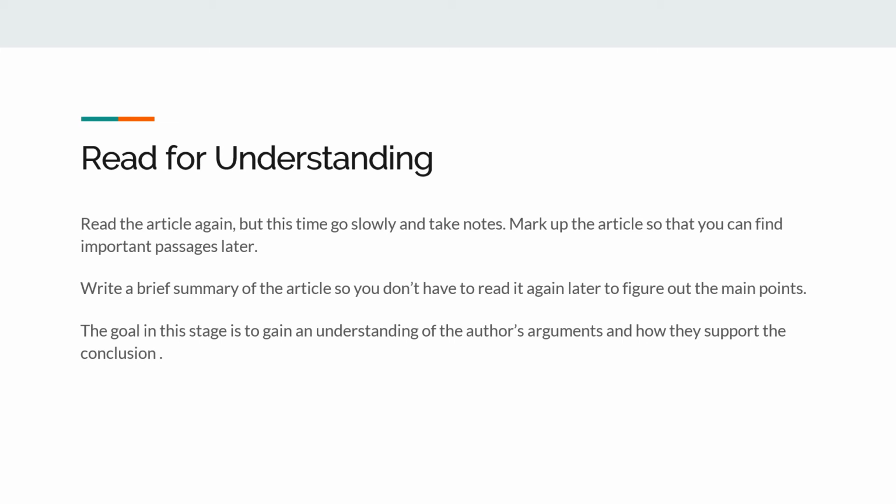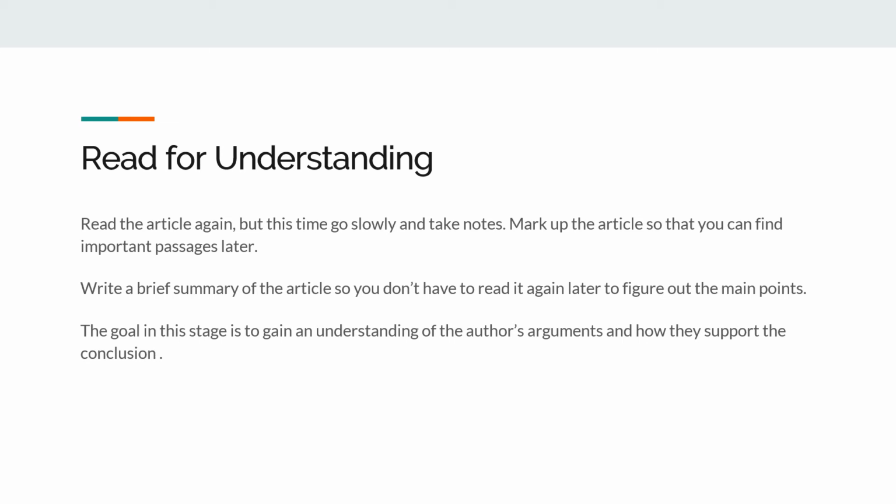Knowing the different premises, what the conclusion is, how the premises link up to the conclusion, considering counter arguments or counter examples, coming up with material that synthesizes or analyzes the information that you're reading. And so the goal here is to really understand the author's argument and how they're supporting the conclusion.